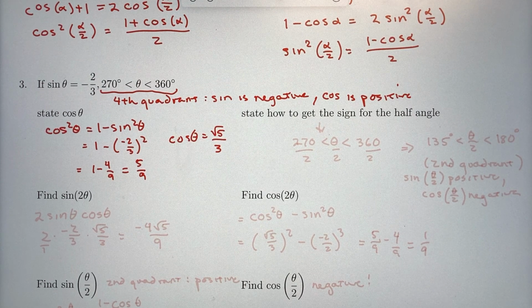Okay, so cosine theta is square root of 5 over square root of 9. Positive in this quadrant. The half angle, if theta is between 270 and 360, we just cut everything in half. And this is the second quadrant for the half angle.